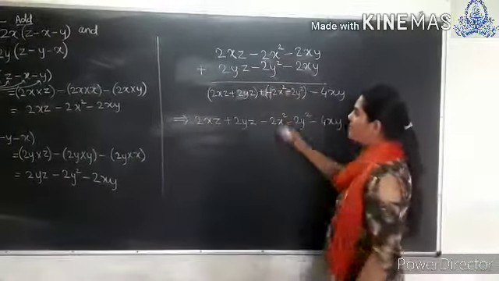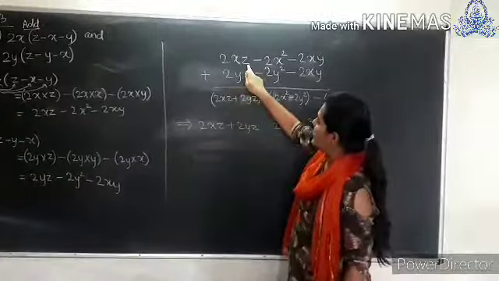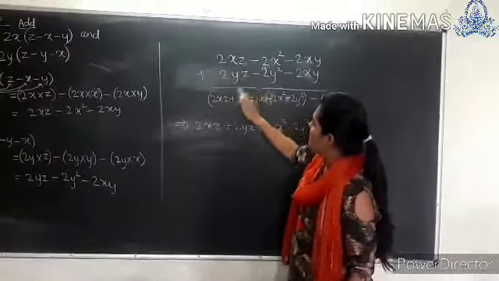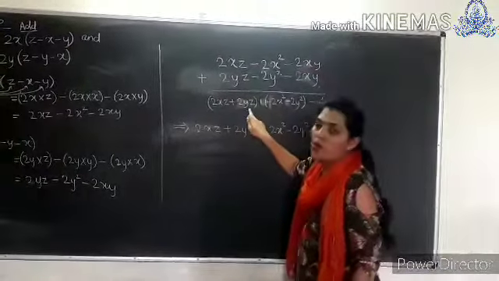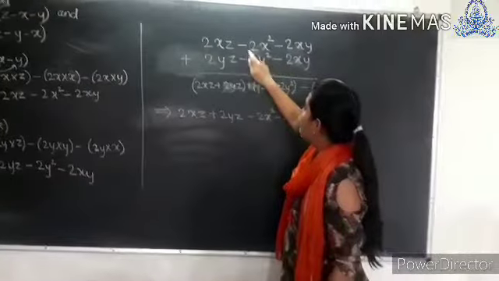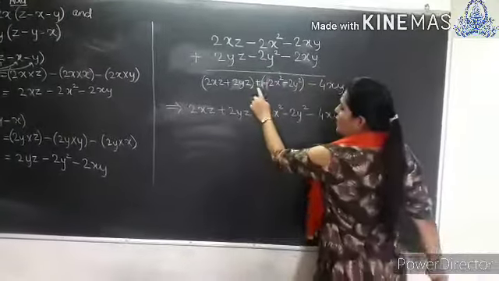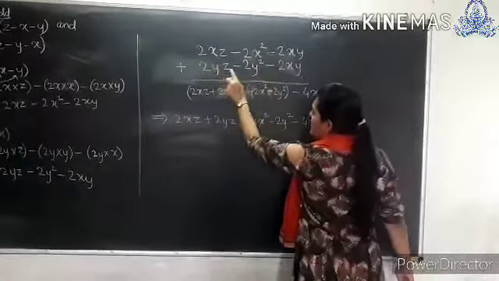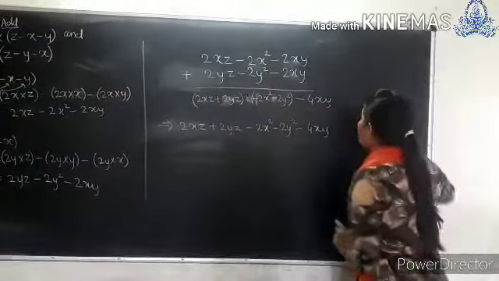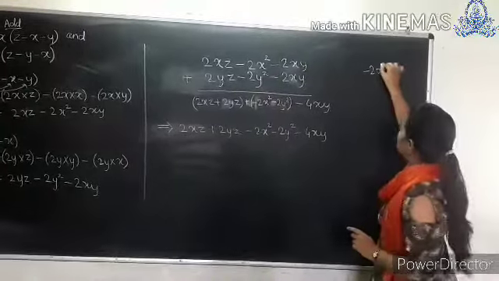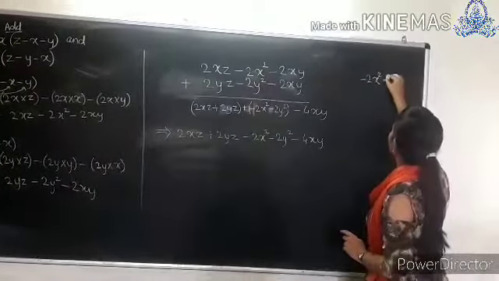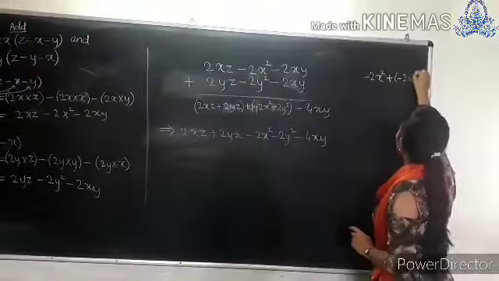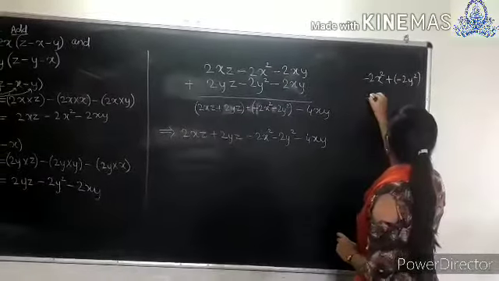So while adding, 2xz plus 2yz means 2xz plus 2yz. Okay, see here it is a minus sign, so you can write plus minus 2x square, plus minus 2y square. How will you write this?